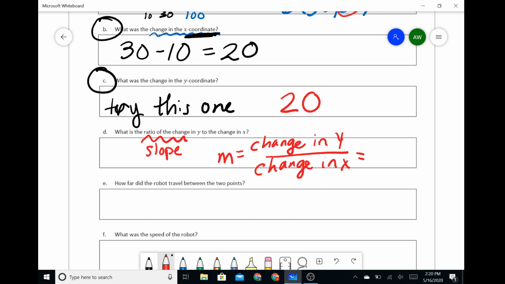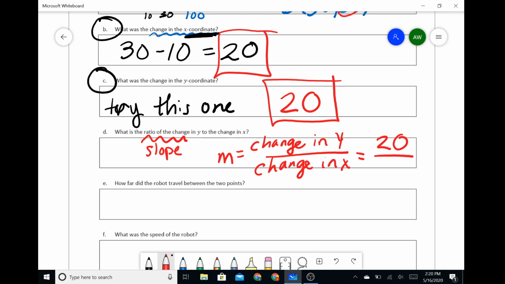And we already know what the change of y is. You told me that one. It's going to be 20, right? The change in x, that's this one. It's also going to be 20. And we know that 20 divided by 20 is just 1 because it's something divided by itself.